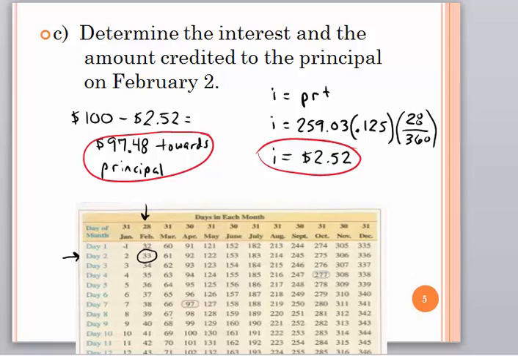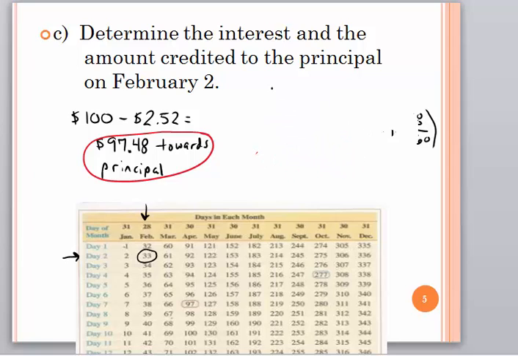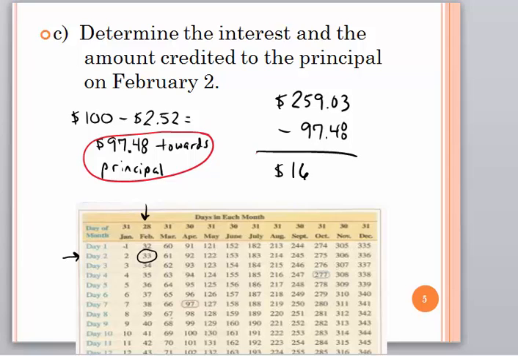So remember, after the first partial payment, her principal was down to $259.03. And she has now made a payment of $97.48 towards her principal, which means that her new adjusted principal is $161.55. And we'll need that as we move into part D of the problem.